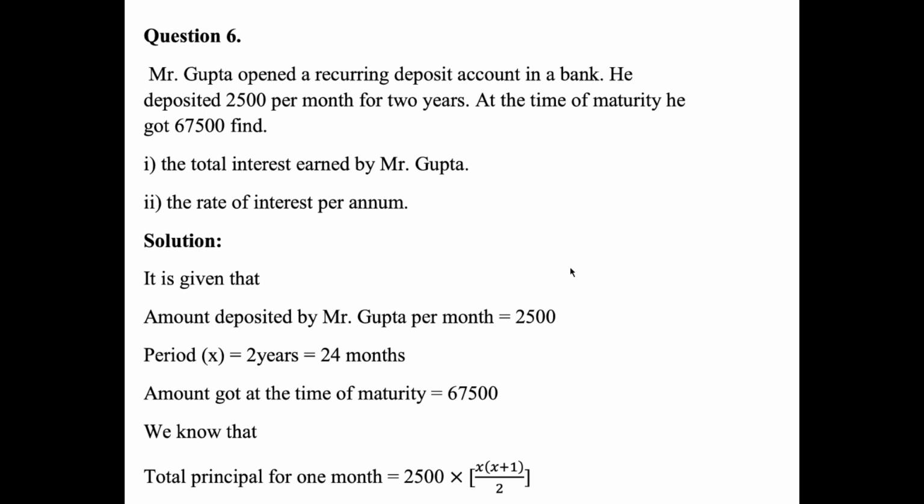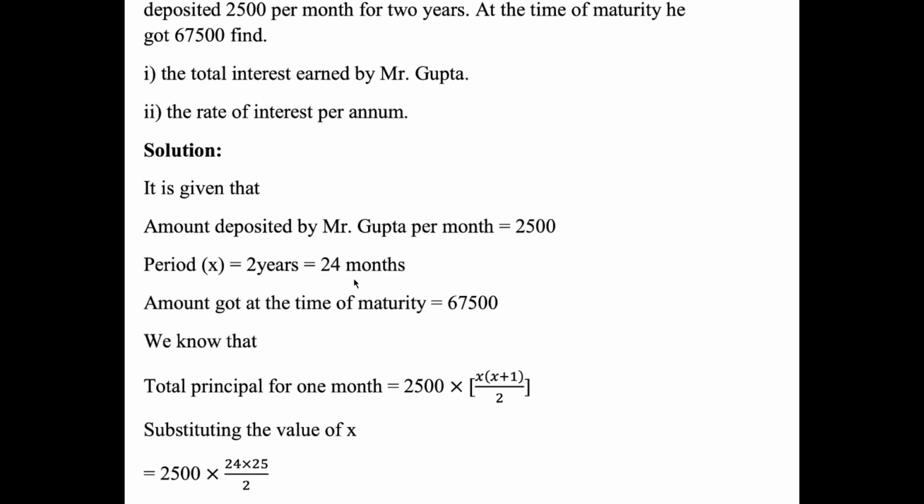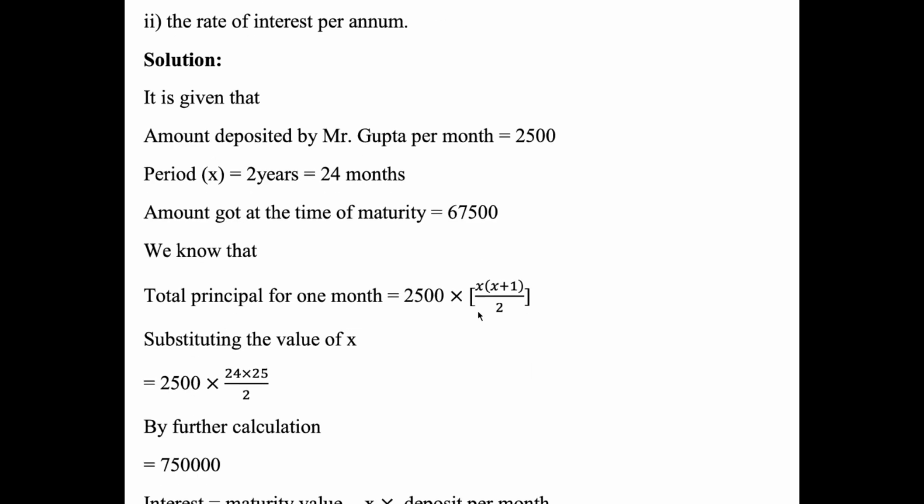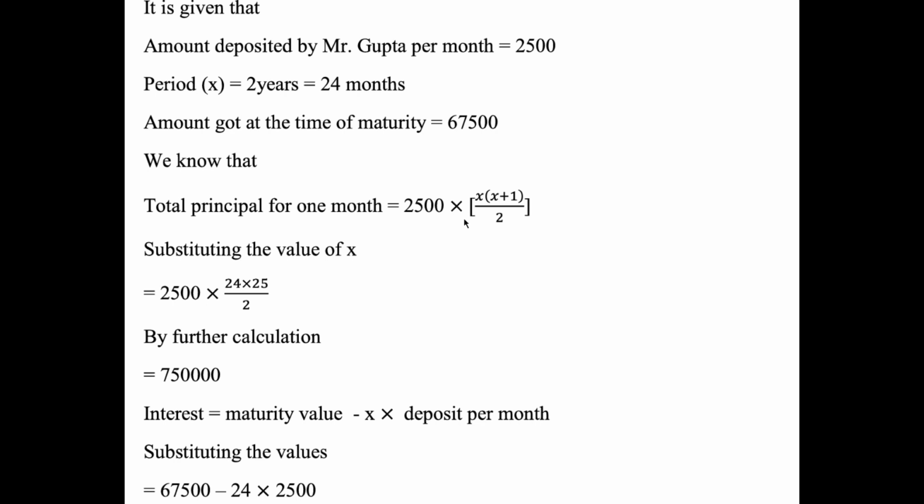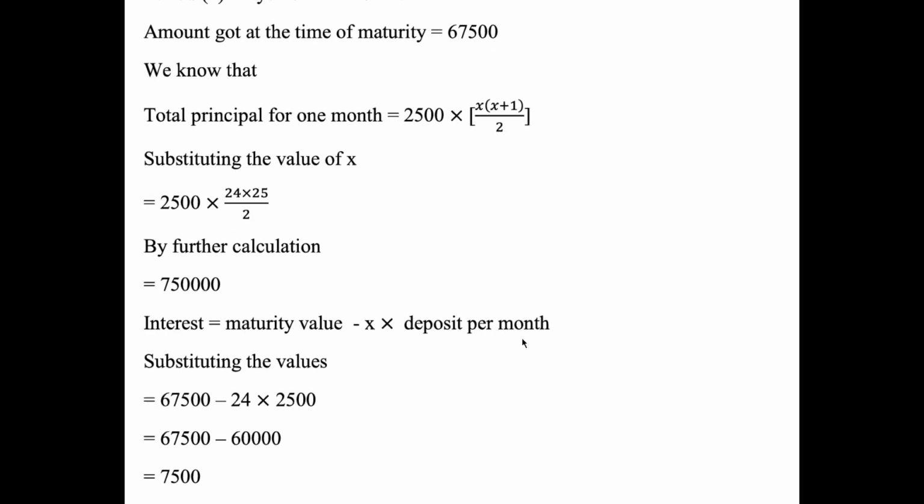Amount deposited 2,500 per month into 24 months. Amount got, that is the maturity, 67,500. Right, now put this same formula, either x into x plus 1 by 2 or n into n plus 1 by 2. You will get total principal for 1 month. So what is the interest? Interest will be maturity value minus n into deposit per month.